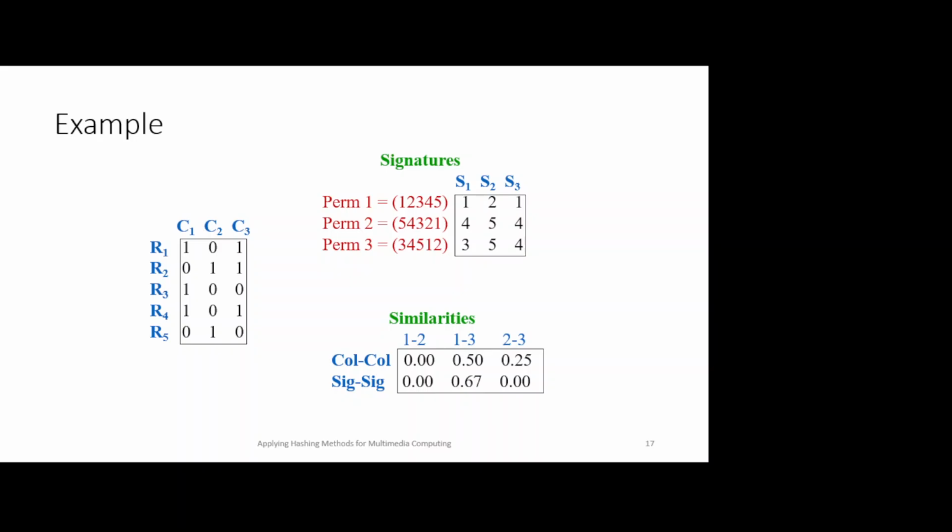And we check the third pair, the second and the third document. For these two columns, their Jaccard similarity will be 0.25, right? And how about their signature similarity?